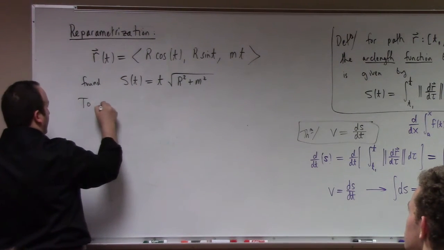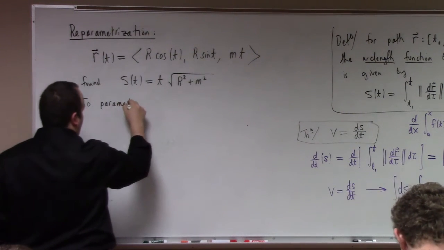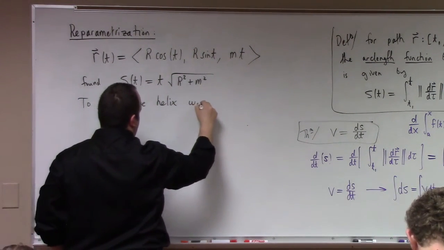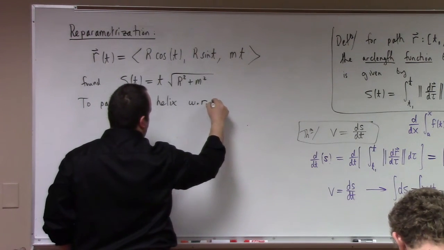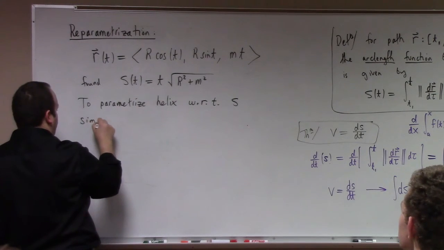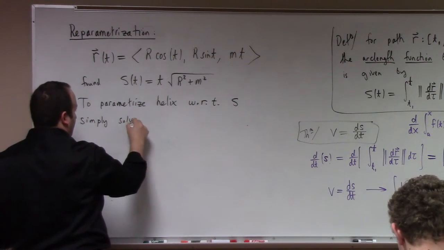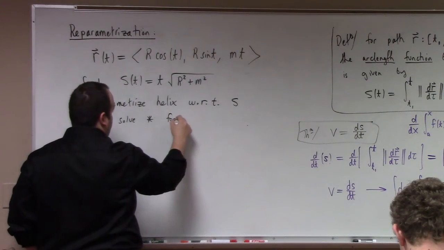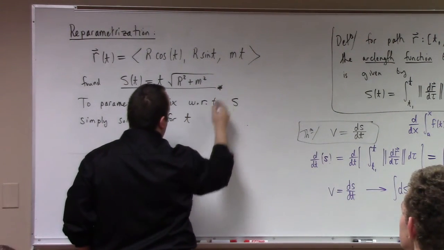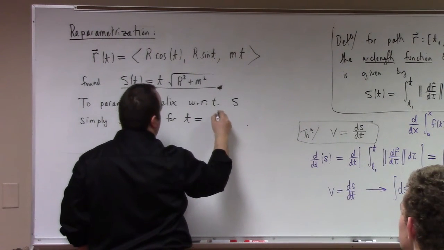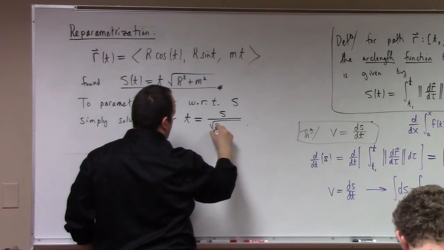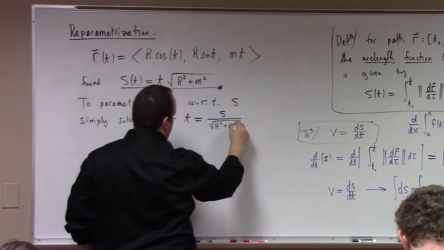To parameterize the helix with respect to s, simply solve star for t. That gives us t equals s divided by the square root of r squared plus m squared.